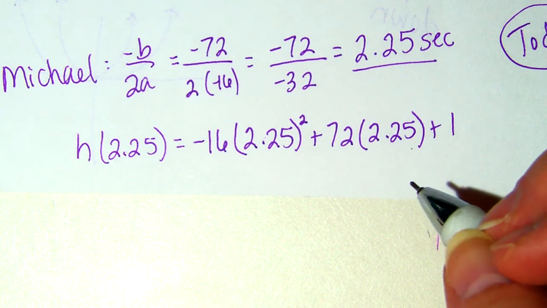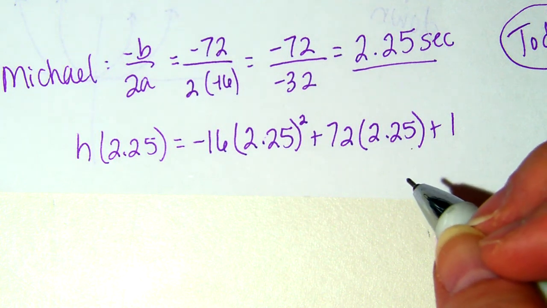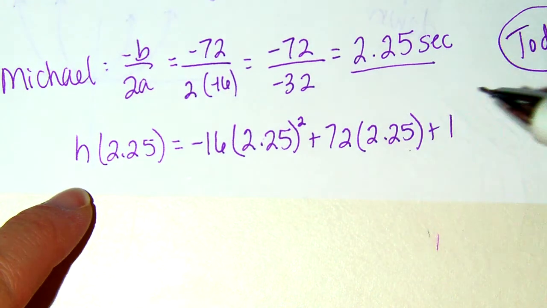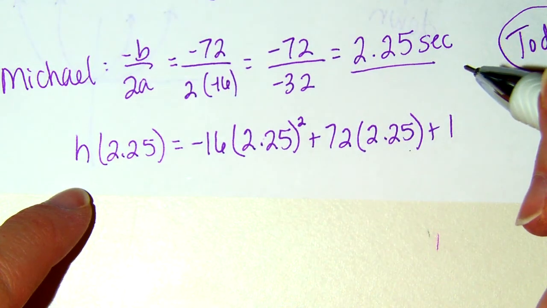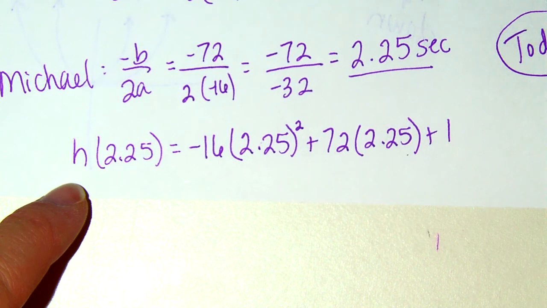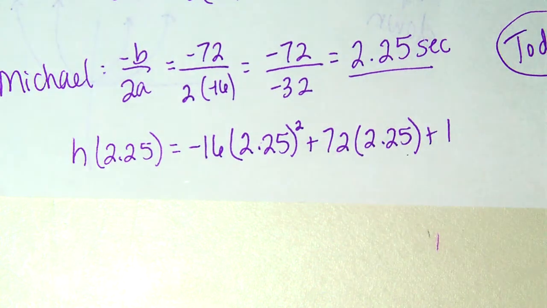Anybody have it? 2.25 squared. Did you do negative 16? Anybody else get something? Or was that your final answer? Oh, okay. Anybody else get 82 for the final answer? You got 81? Two people got 81?